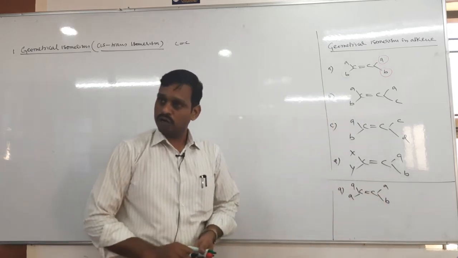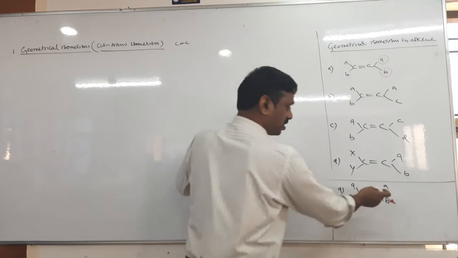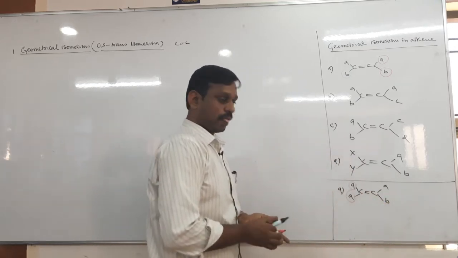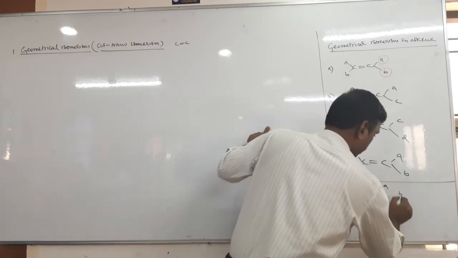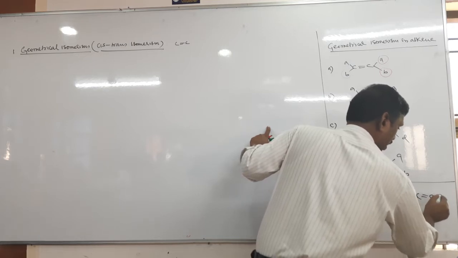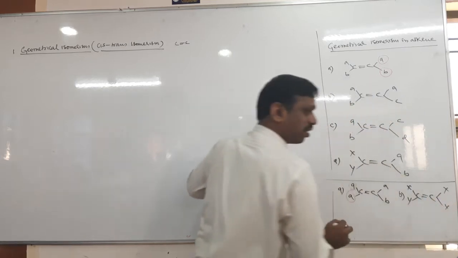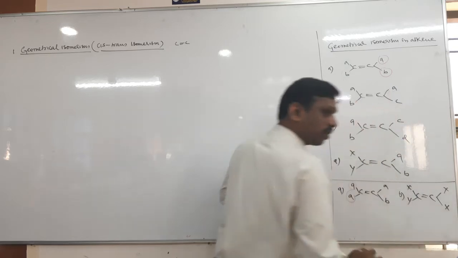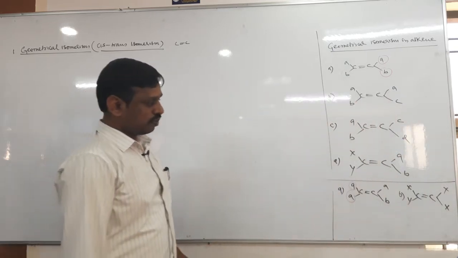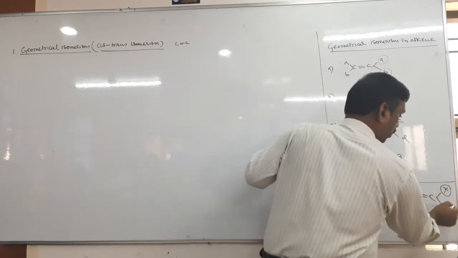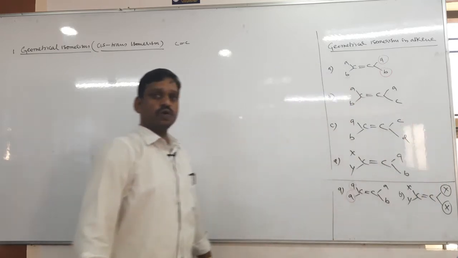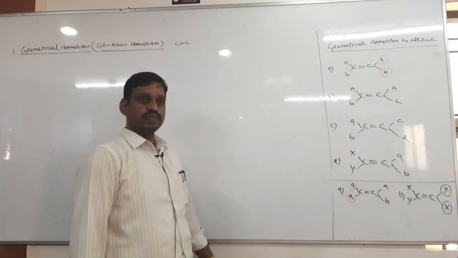Can it exhibit or not? No. Let it be AB, all right, but there is AA. It should not be. Next, B. Carbon-carbon double bond with XY and XX. Can it? No. So it must be two different groups. Here X and Y, it should be X and Y or something different. Otherwise they do not exhibit geometrical isomerism.